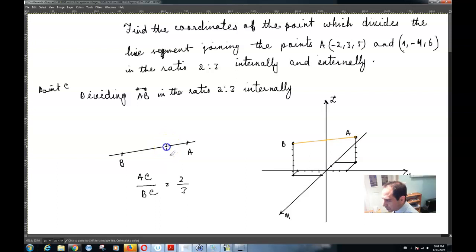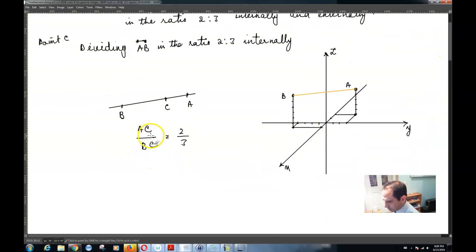If I take the reciprocal, that would be BC to AC is equal to 3 to 2, and multiplying by AC, you will get BC is equal to 3 halves AC.